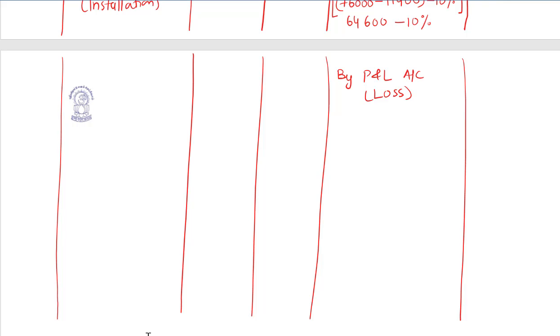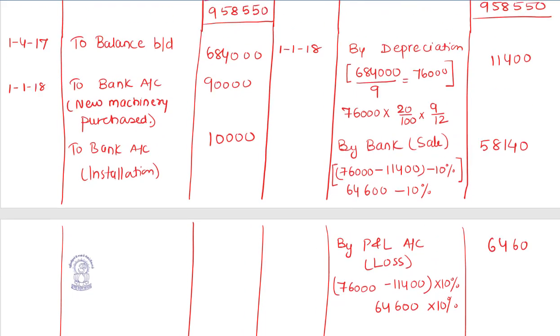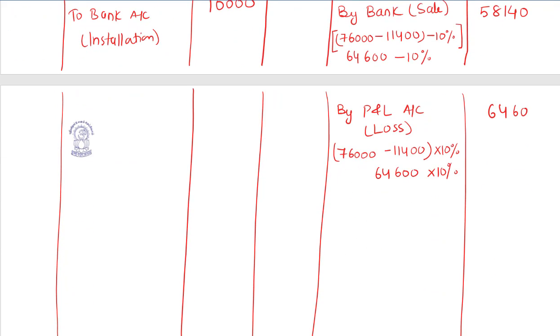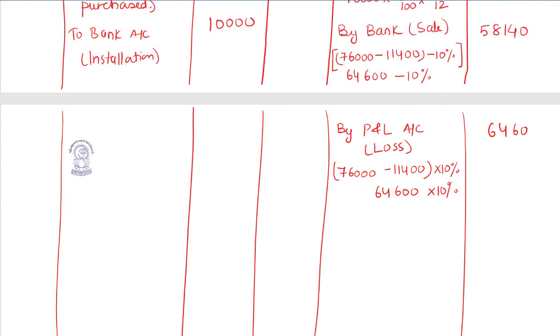We have calculated the value of this machine, that is 76,000 minus 11,400, which is 64,600. The loss is 10%, so 64,600 multiplied by 10%. So the loss is 6,460. I believe it is clear.